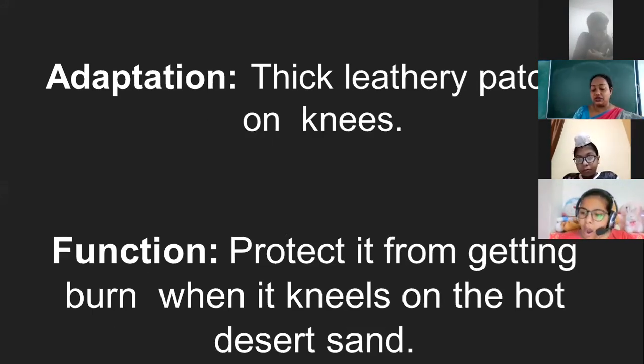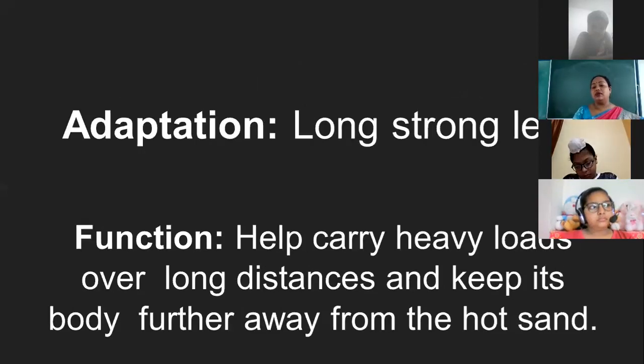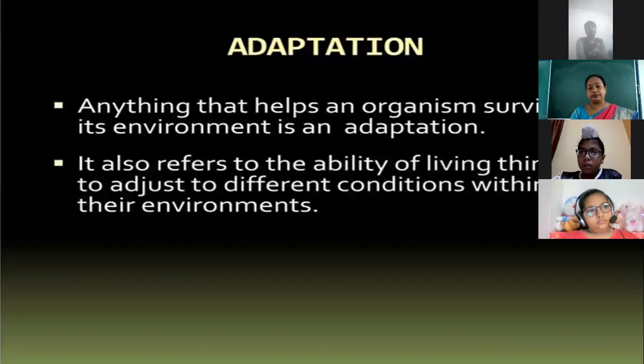When the camel needs to sit, the leathery patch protects its knees from the hot sand. Then you learned that the camel has long and strong legs because it has to walk long distances, and also these long legs keep the body of the camel away from the hot sand.